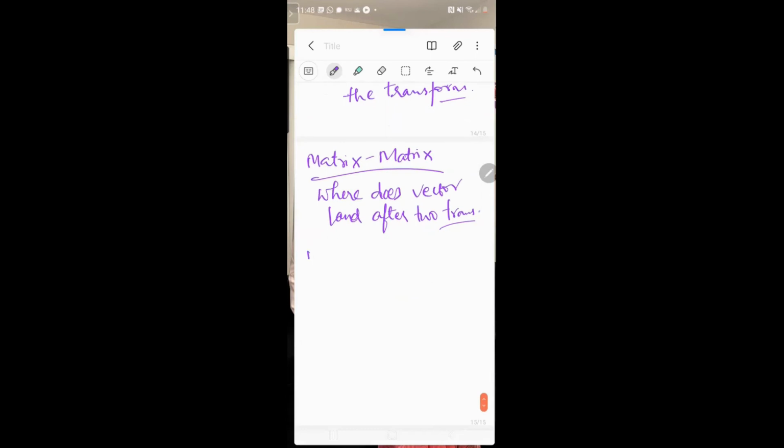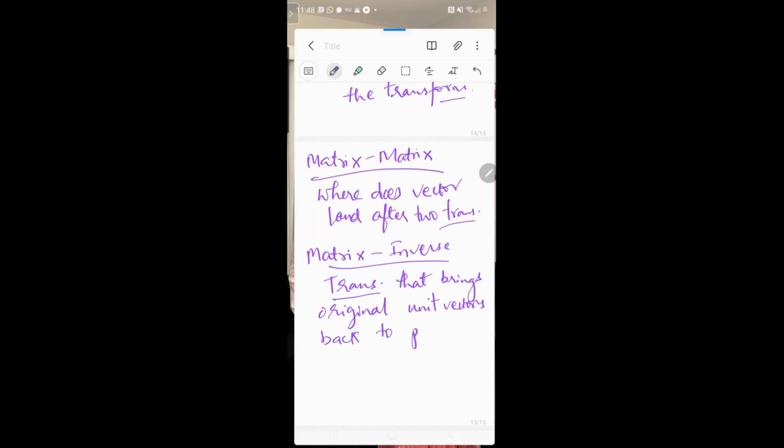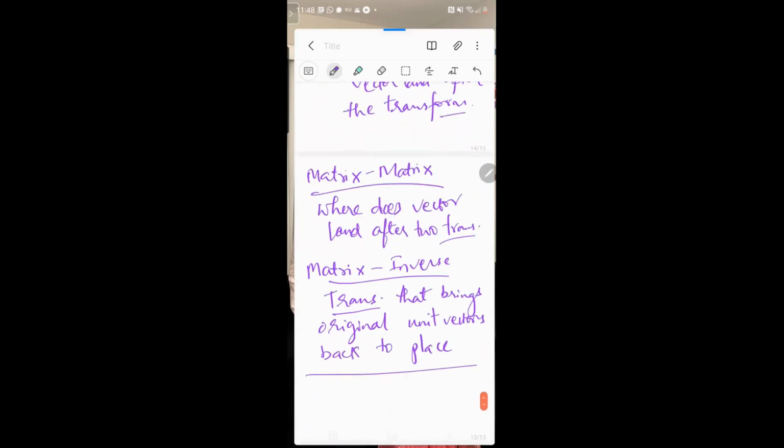And the matrix inverse is the transform that brings the original unit vectors back to place. So this is the intuition or math behind this.